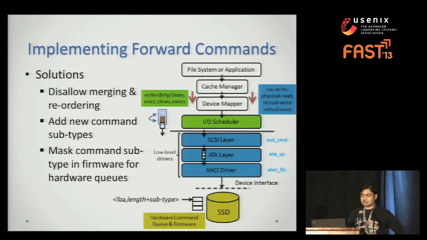So the hardware command queues basically encode the logical block address and the number of sectors or the length of that command. What we did was we encoded the subtype within the length or the number of sectors because the hardware is something which we were not able to modify.